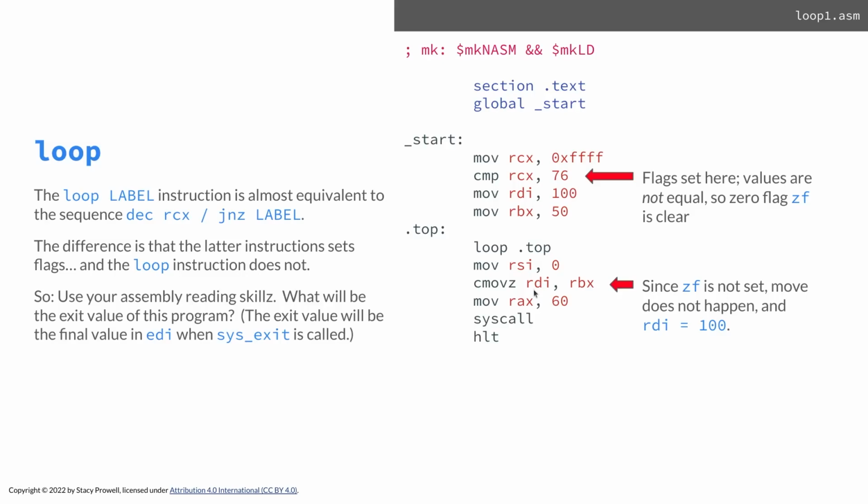So RDI is going to contain the last value that was put in it, which if we look up here is 100. So RDI holds 100, and that's going to be the return value from the whole thing. This illustrates that sometimes setting the flags can occur far from where they're used. And you can use this to create some fairly obscure behavior in programs.